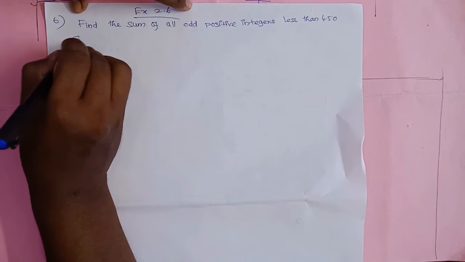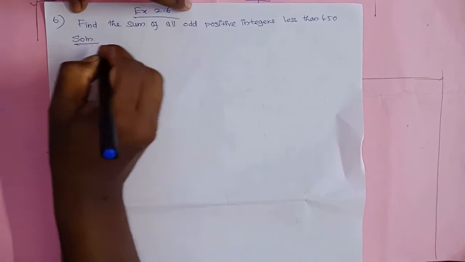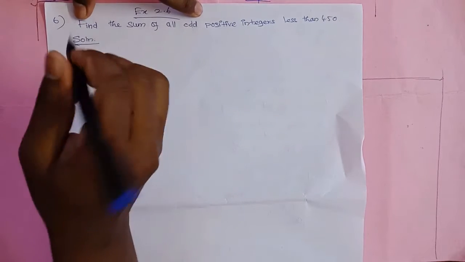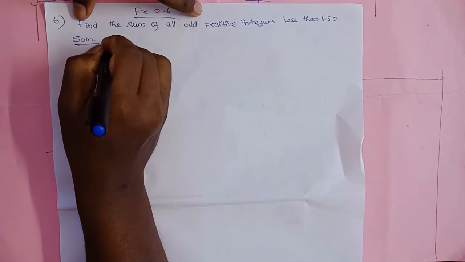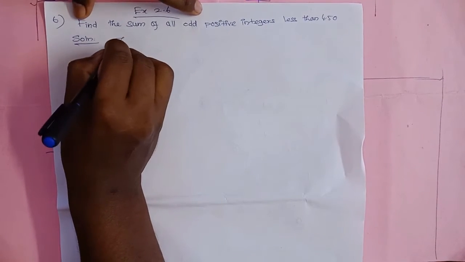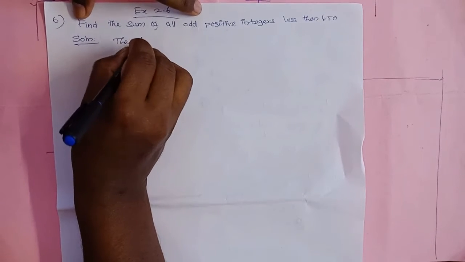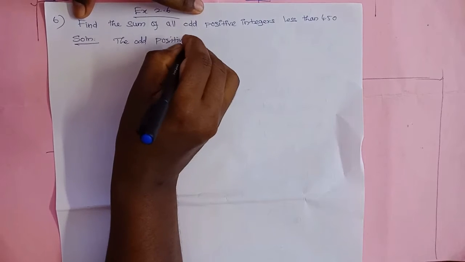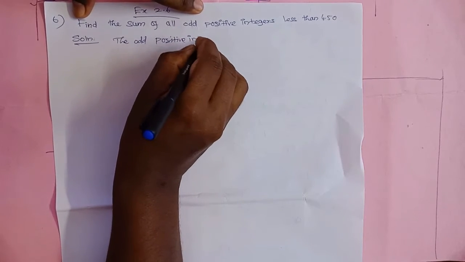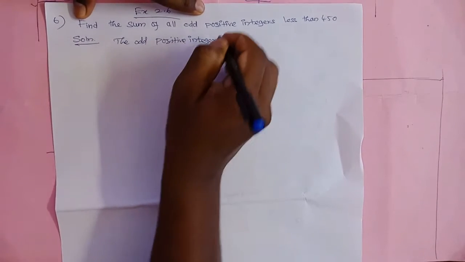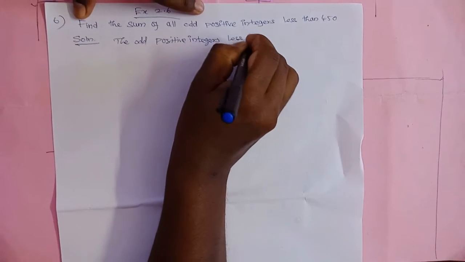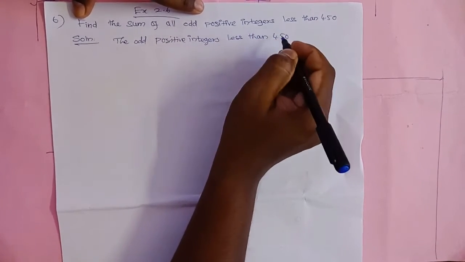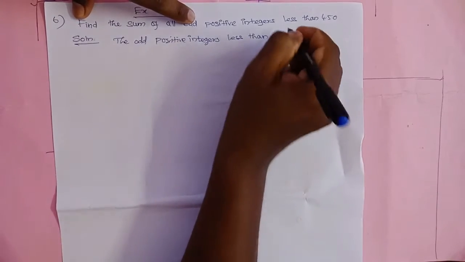First, the solution. Find the sum of all odd positive integers less than 450. So what are the odd positive integers less than 450?